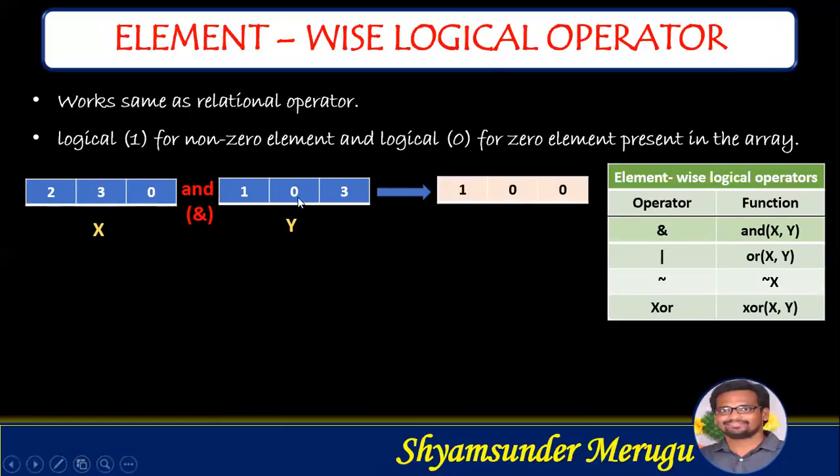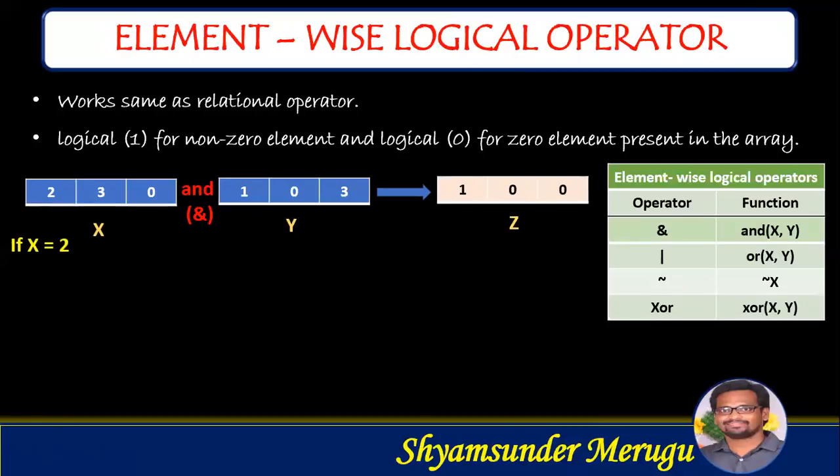So here, when the corresponding position values of the x variable and y variable are ANDed, we get 1 as both are non-zeros. In the second corresponding position, one value is 0, so the AND operation gives us logical 0 as the output. And in the third case again, one element is 0, so we get logical 0 as the output. Now the result will be assigned to the logical variable z.